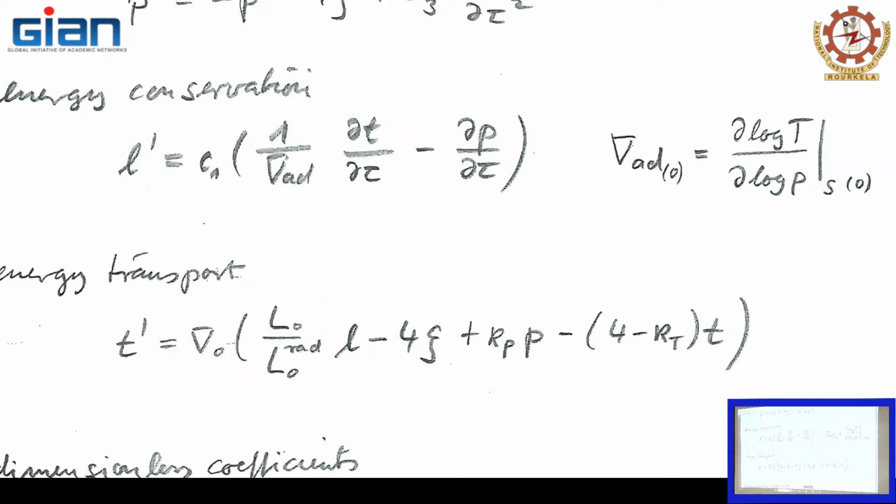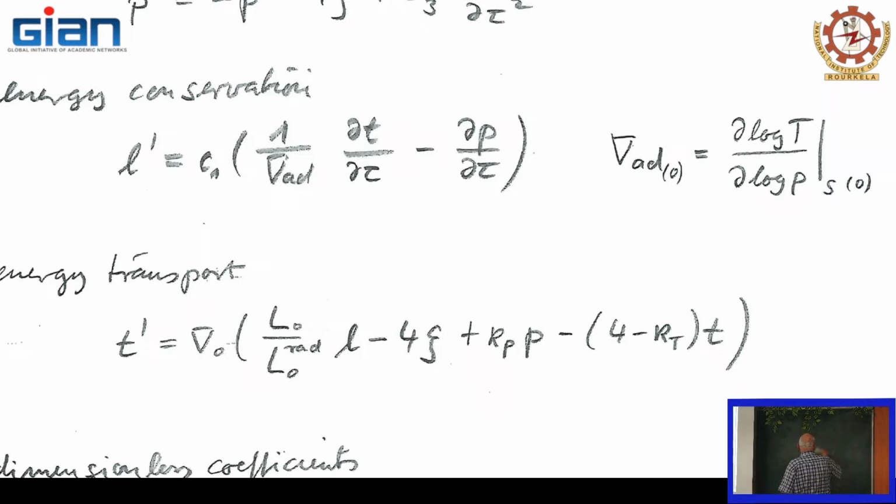So on the left-hand side, we have 1 over C1 times L dashed, equal to the bracketed term, 1 over nabla adiabatic times the dT by d tau minus dP by d tau.